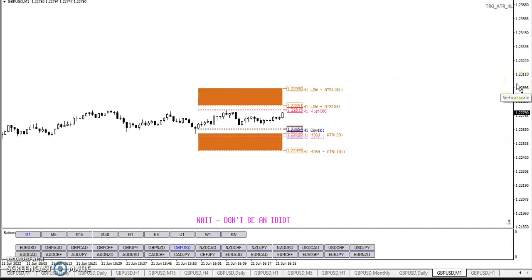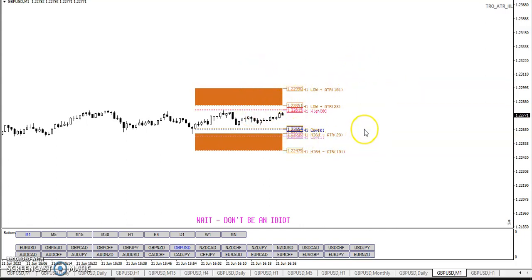So once again, what this is doing, it's giving you an estimate of where price could go based on the ATRs, the average true range. In other words, measuring the range from the low to the high. Well, here's where the average is.